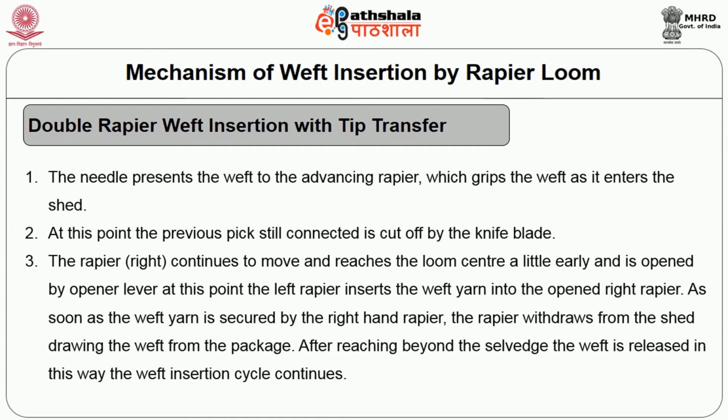As soon as the weft yarn is secured by the right hand rapier, the rapier withdraws from the shed, drawing the weft from the package. After reaching beyond the selvage, the weft is released. In this way, the weft insertion cycle continues in the Dewas system.